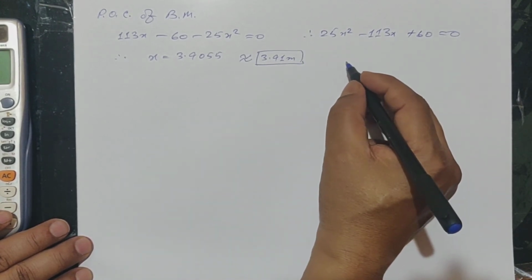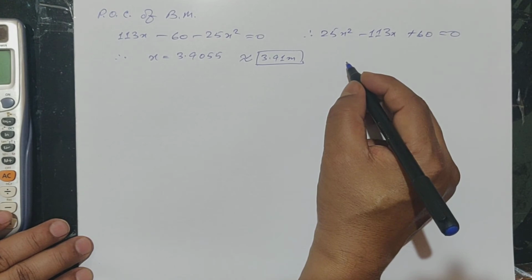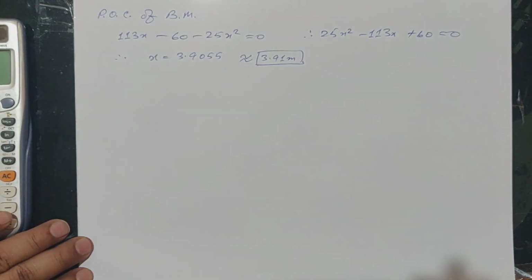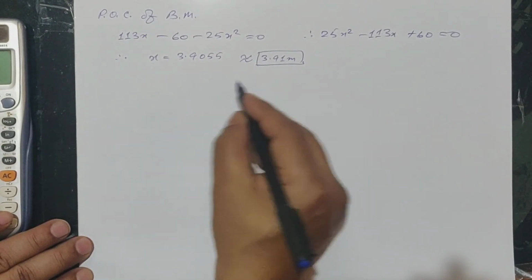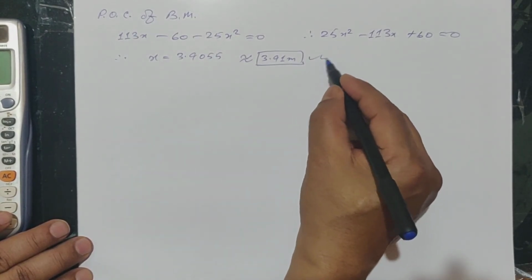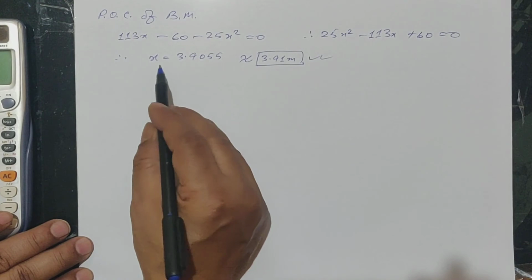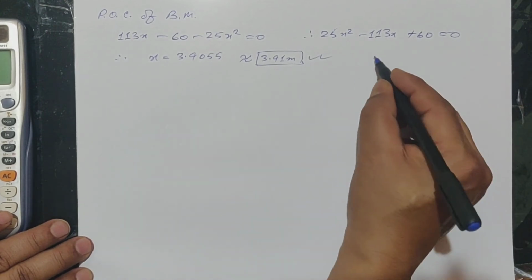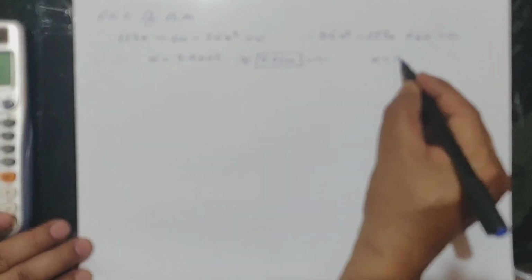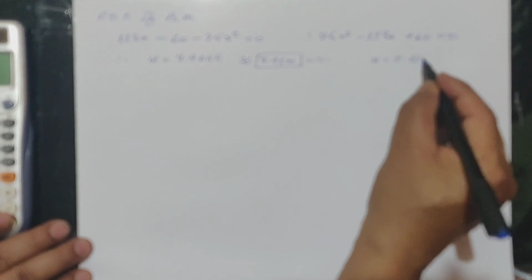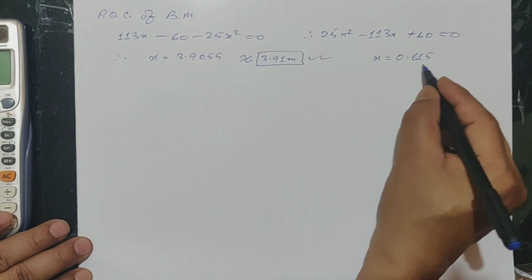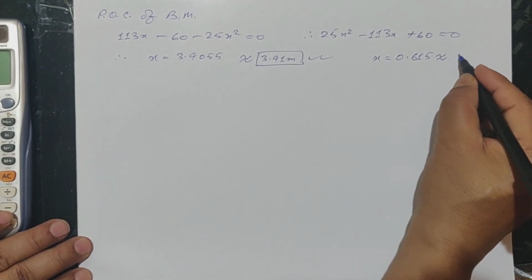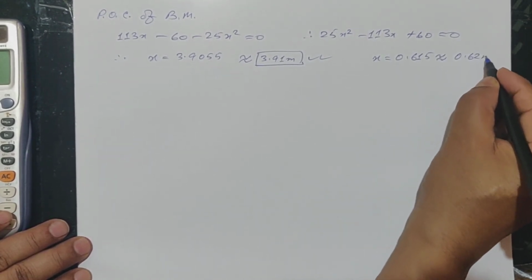This is one of the values, because we will get two values of x. Another x is 0.615, which can be written as approximately 0.62 meters.